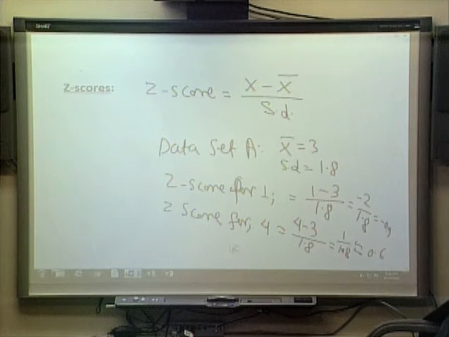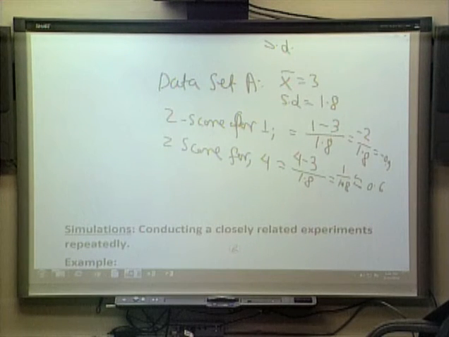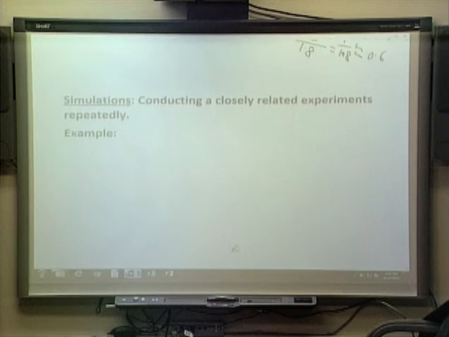You notice the observations that are close to the mean will have a small Z-score, and the observations that are far away from the mean will have a bigger Z-score. Okay.